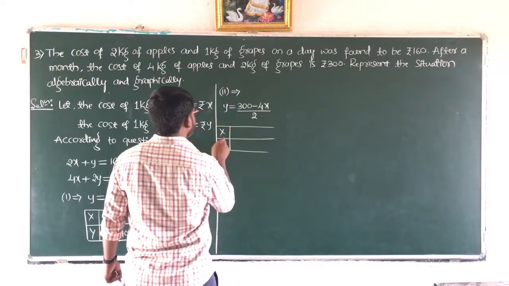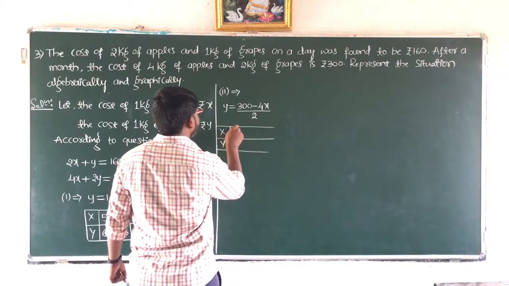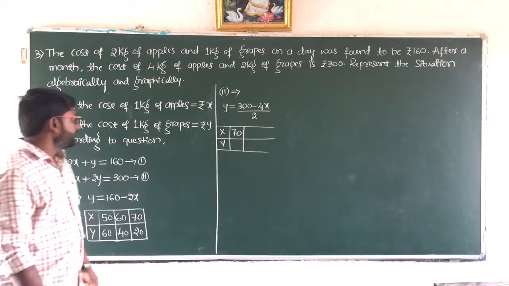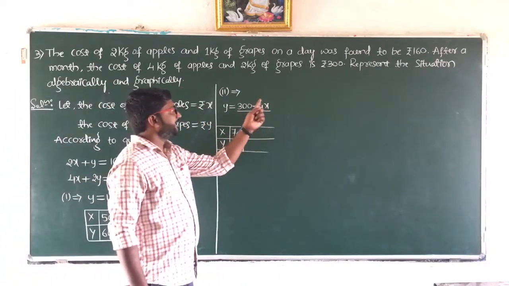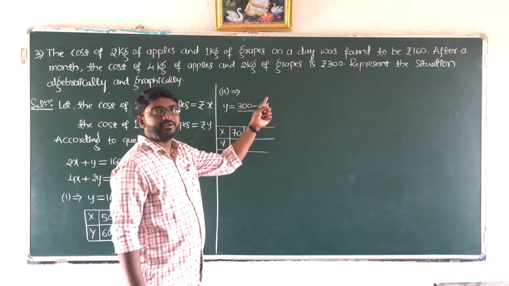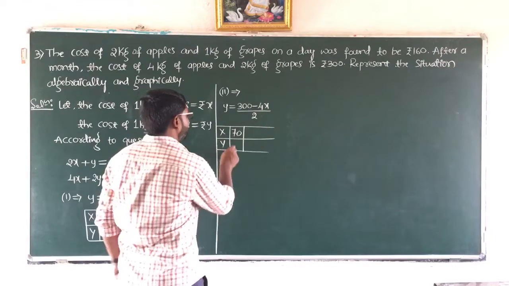So here x and then y. I take x as 70. See here, 70 into 4 is 280. 300 minus 280 will be 20. 20 divided by 2 will be 10.